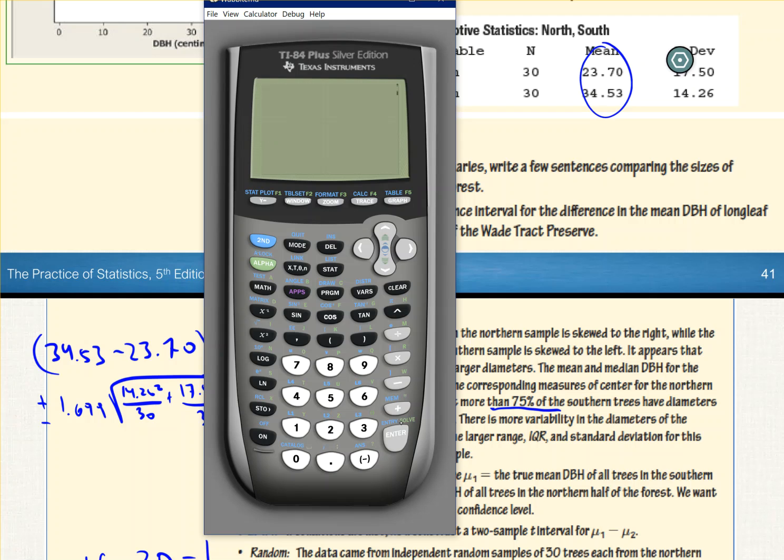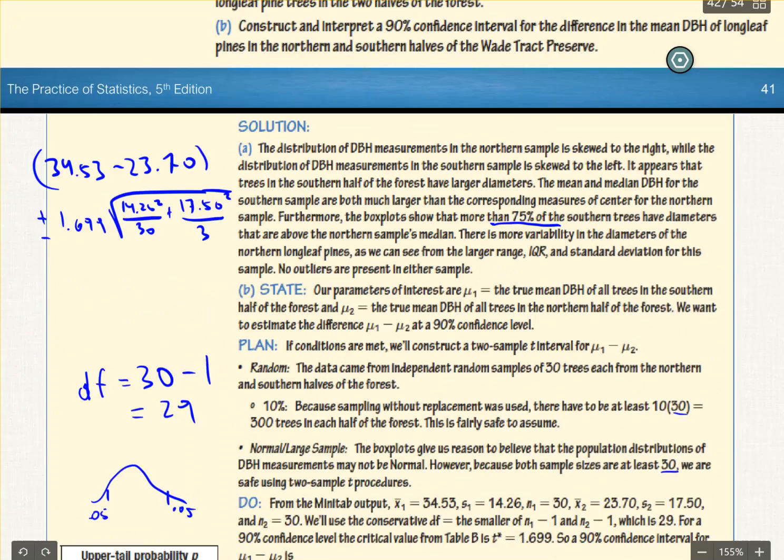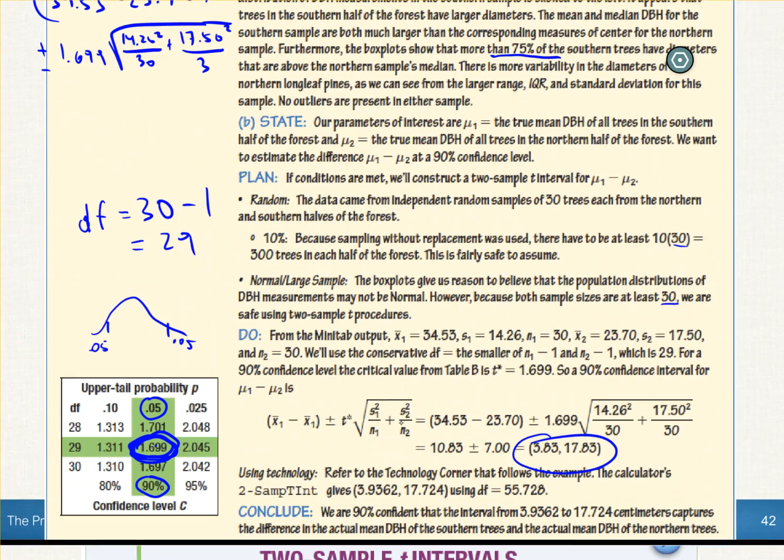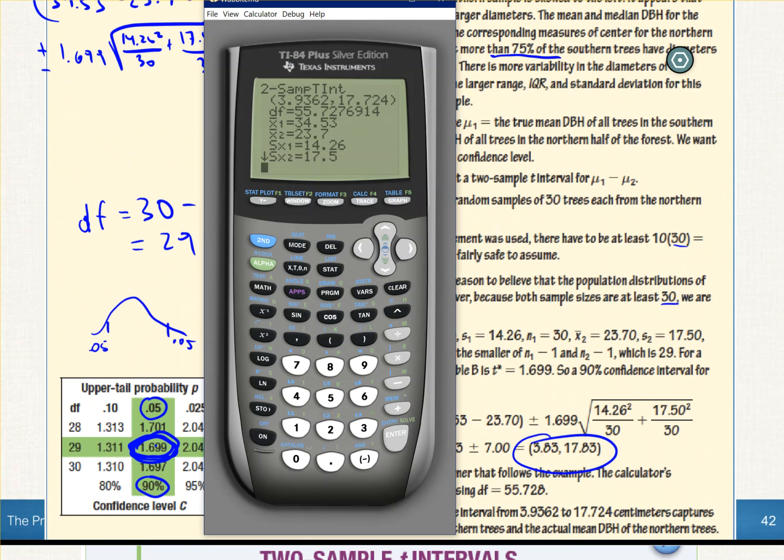And so notice if we compare our answer here, 3.93, 17.72, it's going to tighten it up a little bit because our calculator is able to calculate the degrees of freedom here.